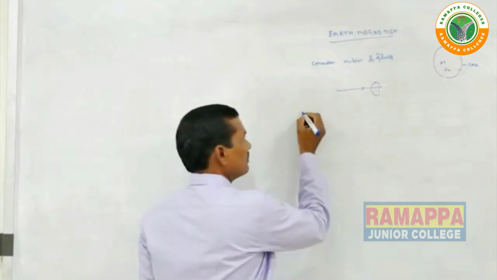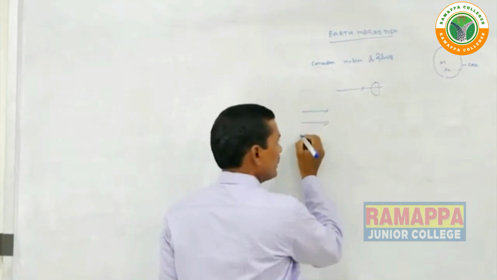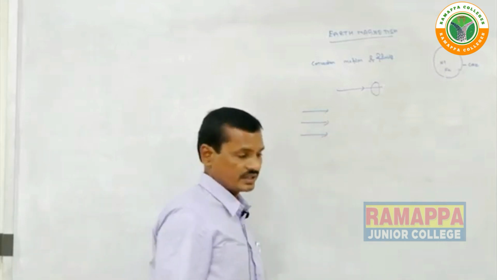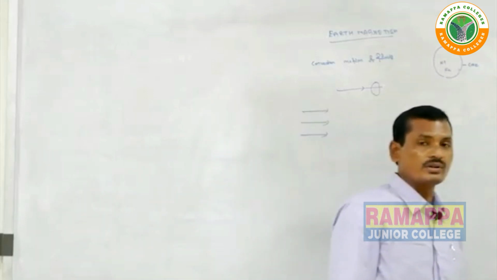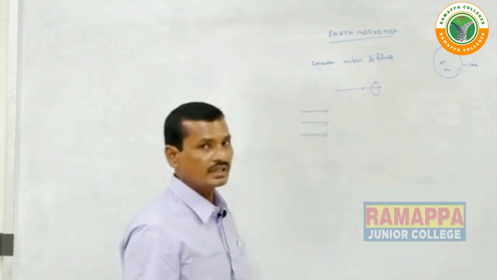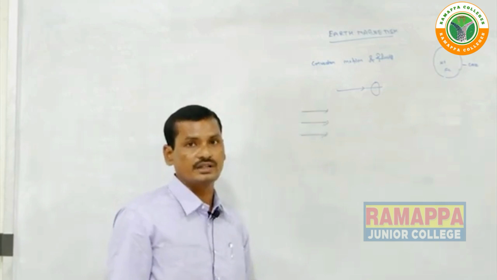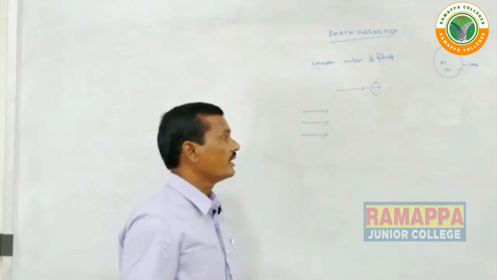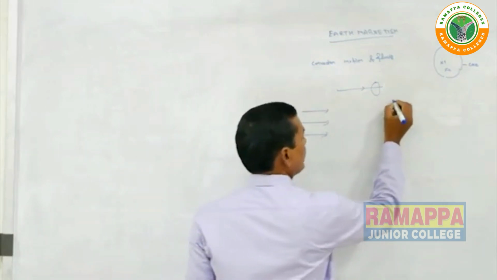On the earth, some points have no deflection. If we place a magnetometer on earth, at some points it does not show any direction. That point is called a null point.